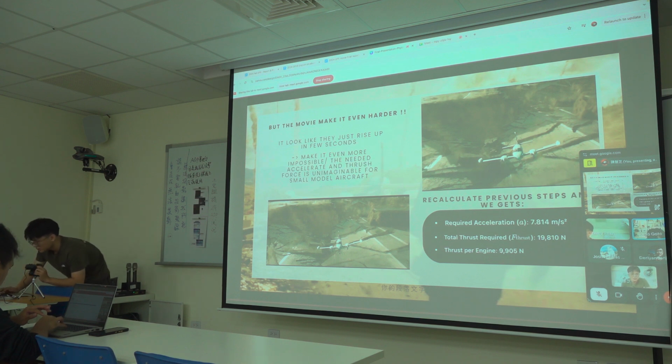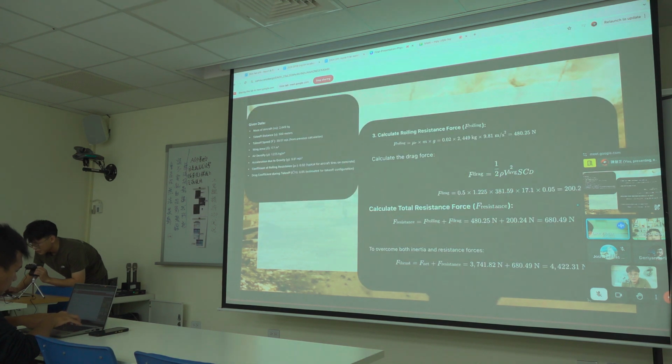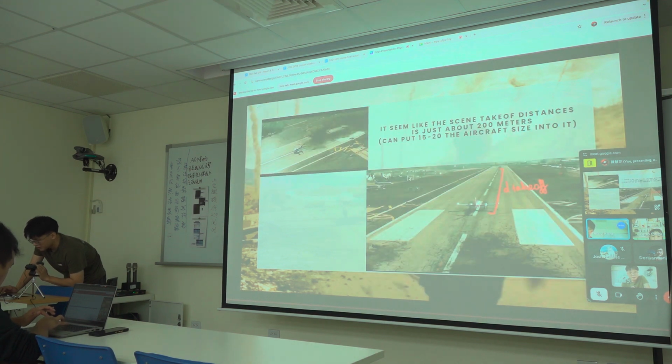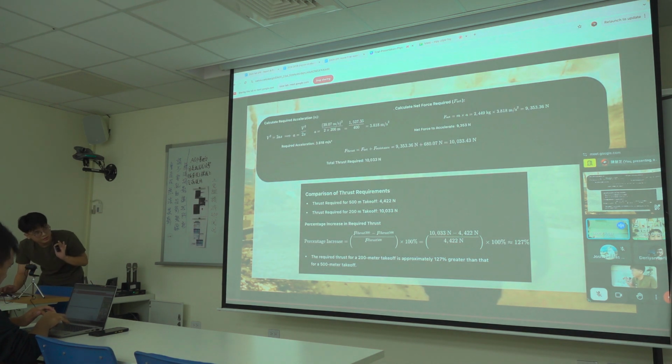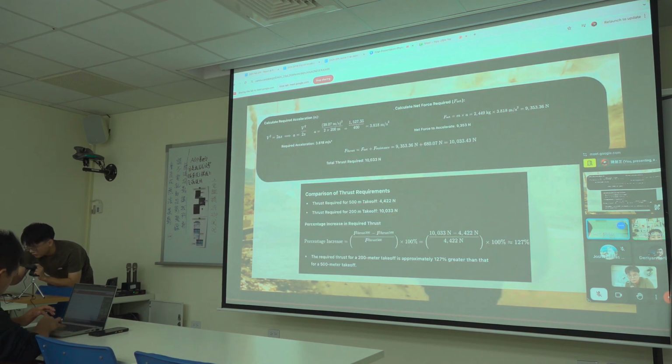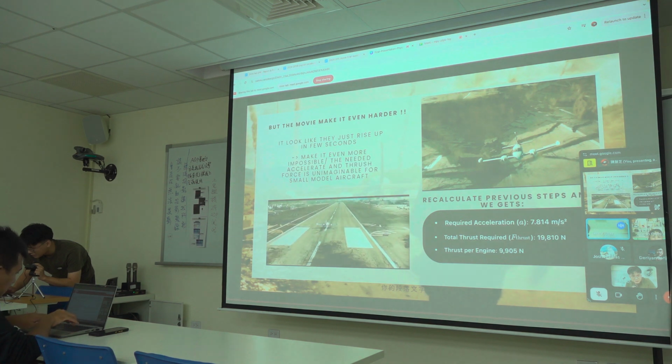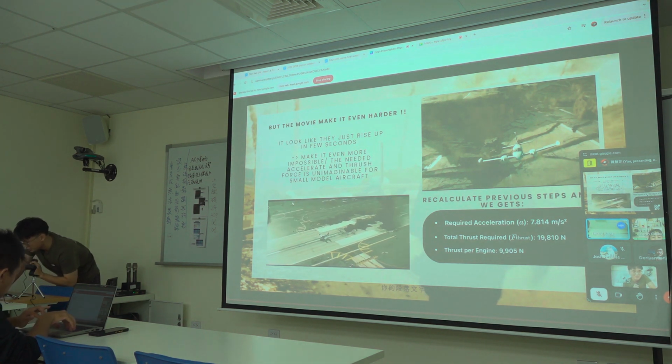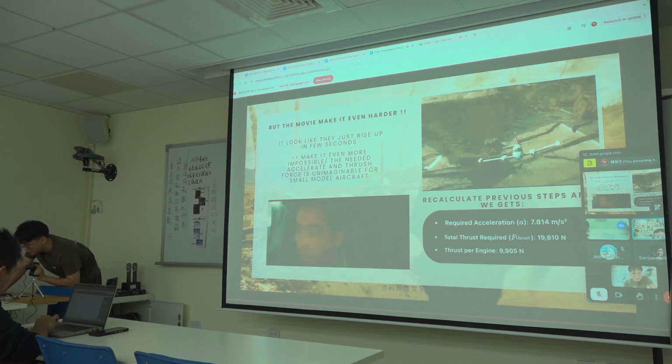Just like you can see, our real-life effort to make the aircraft lift off is 4,422 Newton, but in my next two calculations about the scene in the movie, the thrust force required is one at 10,000 and another approximately 20,000. Why is it so much bigger?